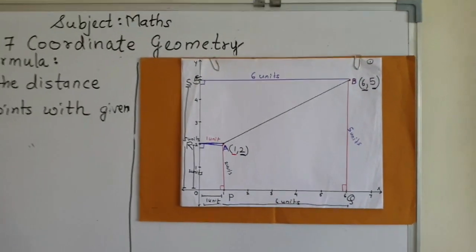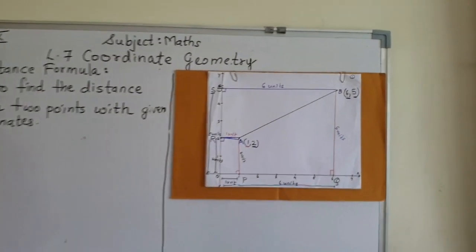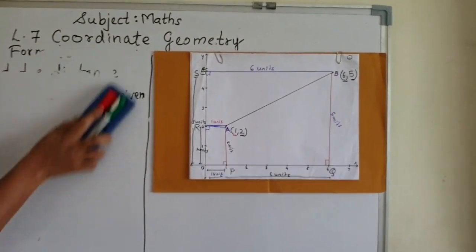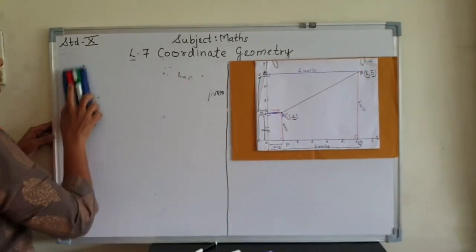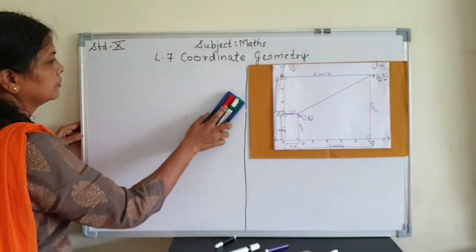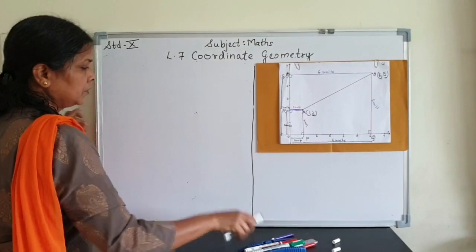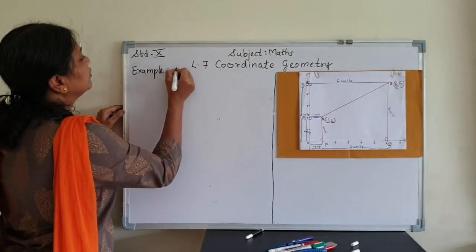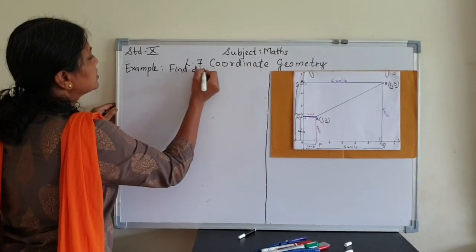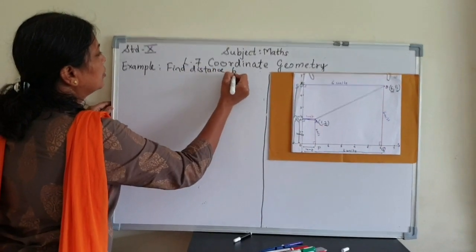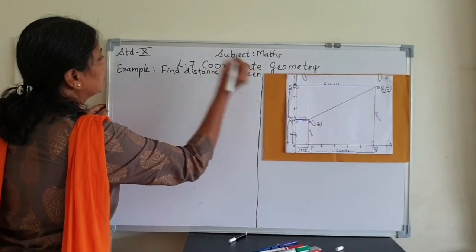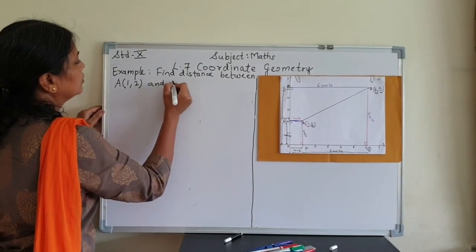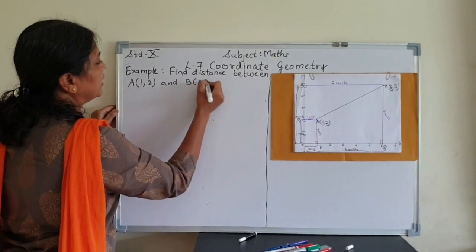So let's write it here. So now, here we have to find distance between A with coordinates 1, 2 and B with coordinates 6, 5.